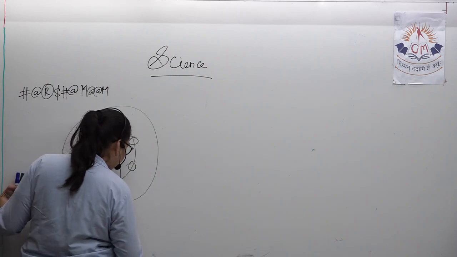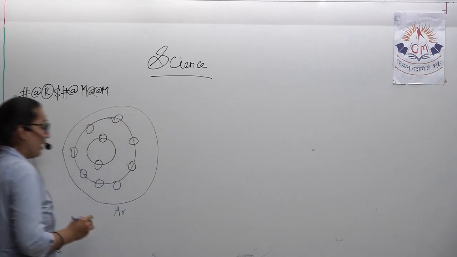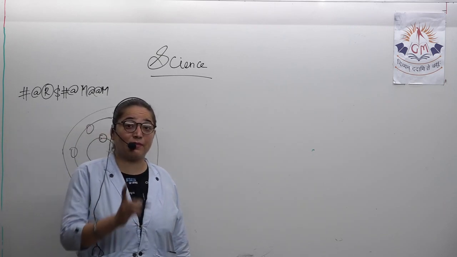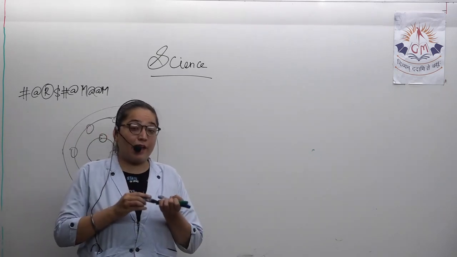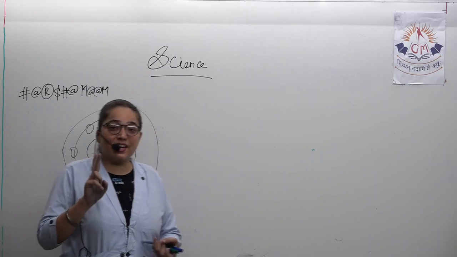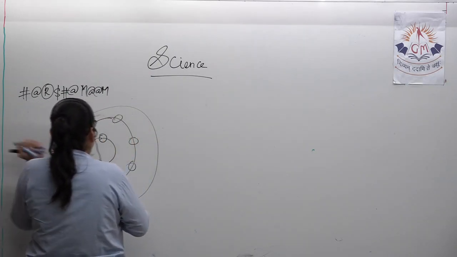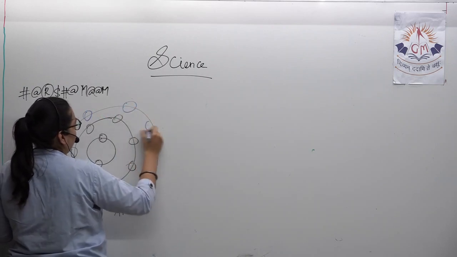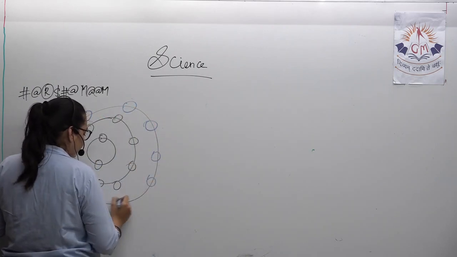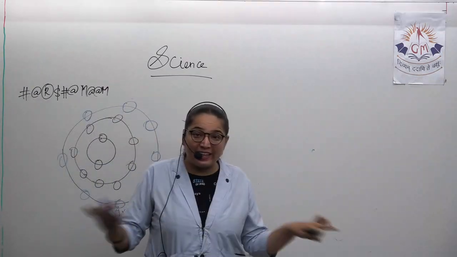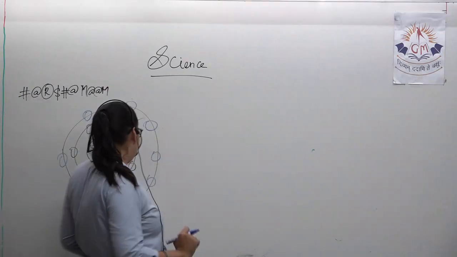How many are remaining? 8. So in the third orbit, how many can come maximum? 8. Why? Because this is not the K shell. So in the next orbit, you'll have 8 electrons, and now this shell is completely filled.